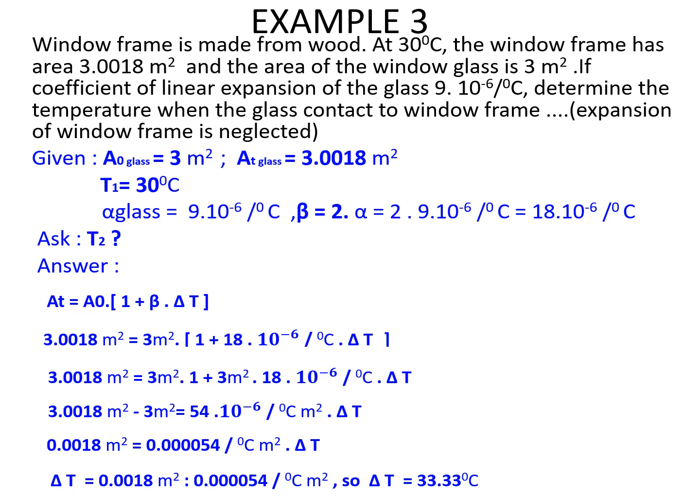Because of that, we can get that T2 equals T1 plus delta T. So T2 equals 30 degrees Celsius plus 33.33 degrees Celsius. So T2 equals 63.33 degrees Celsius.